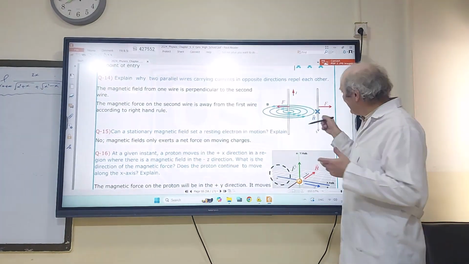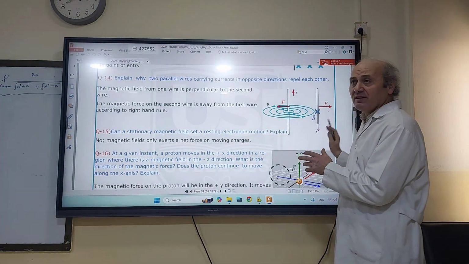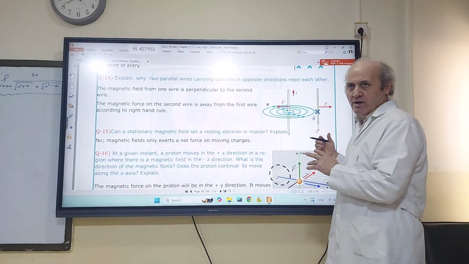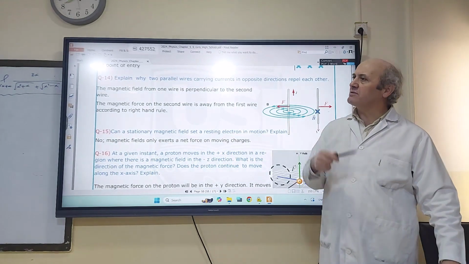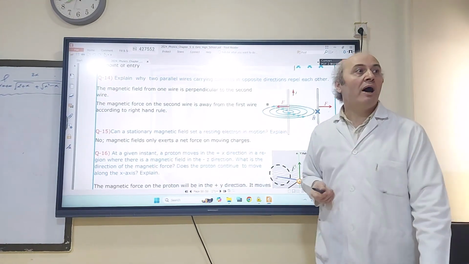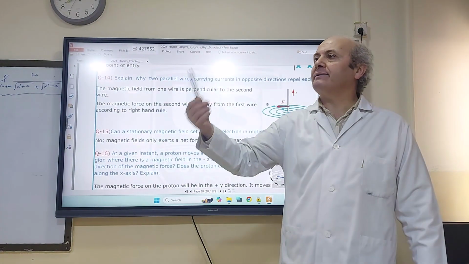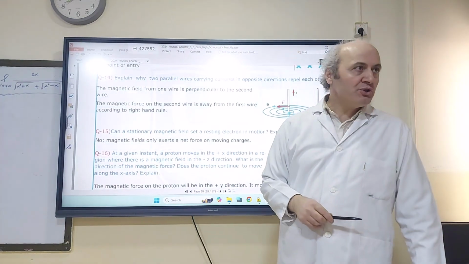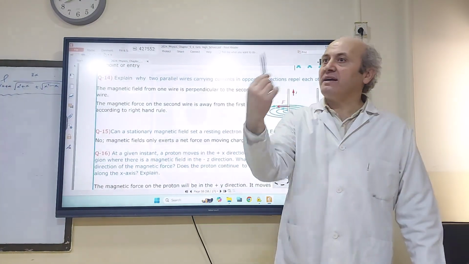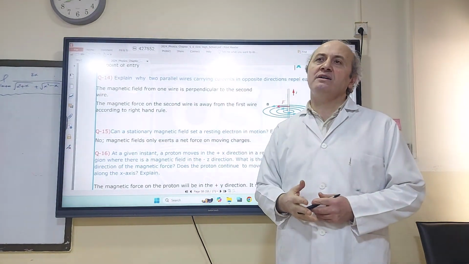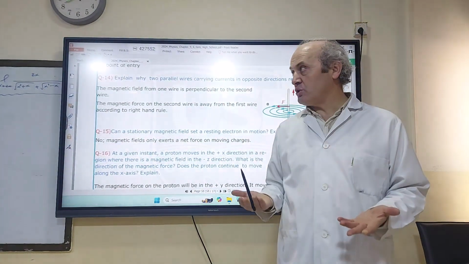So that's why this wire will be pushed by the first wire to the right. There can be different ways of explanation, but your book explains it this way. One wire is inside the magnetic field of the other wire. Each wire uses the other wire's magnetic field as an external magnetic field. According to right-hand rule 3, we are going to find the direction of the force on each wire.